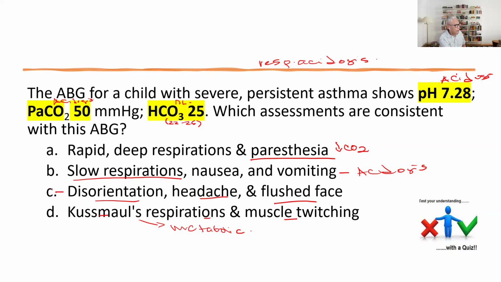So the correct or the best response over here is letter C. So I want you to remember that whenever you have acidosis, you're going to have vasodilation of your cerebral and peripheral vasculature. And this would lead to headache as well as facial flushing.